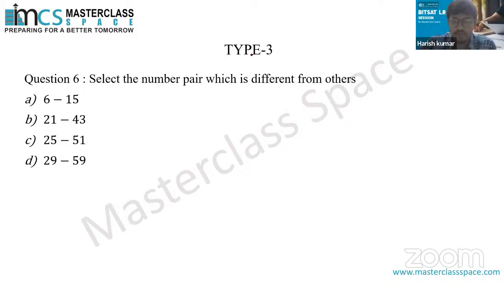Right, I think this should be an easy one. Yeah, option A, fine. So what's the catch? 21 into 2 plus 1, 25 into 2 plus 1, and 29 into 2 plus 1. But however, this is 6 into 2 plus 1 is 13, not 15. So option A is your right answer. Correct.